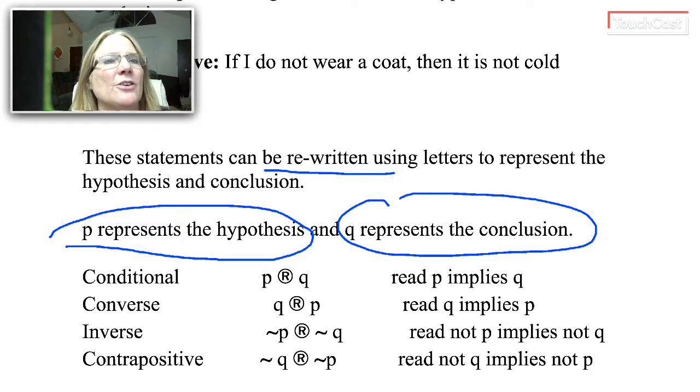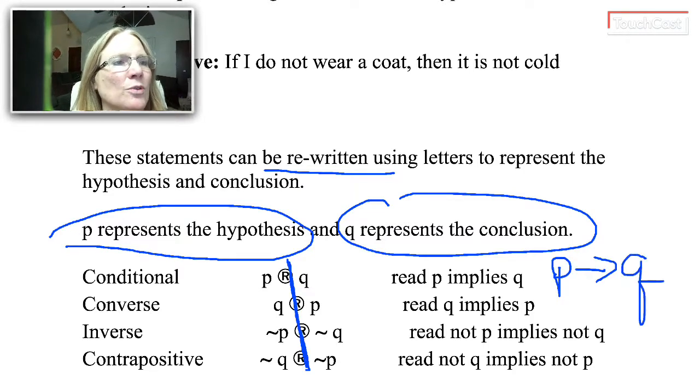This little symbol here is supposed to be an arrow. So this obviously didn't copy right, but it should say P and then an arrow to Q, which reads P implies Q. So the hypothesis implies the conclusion for the converse.